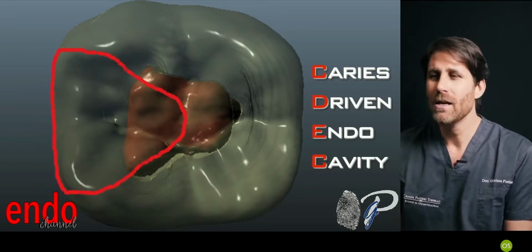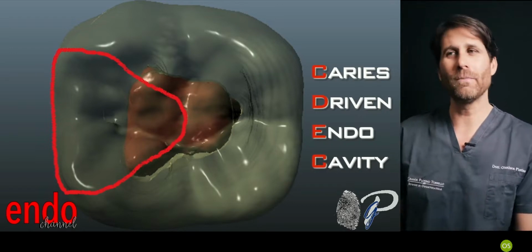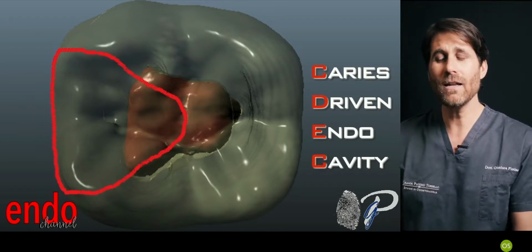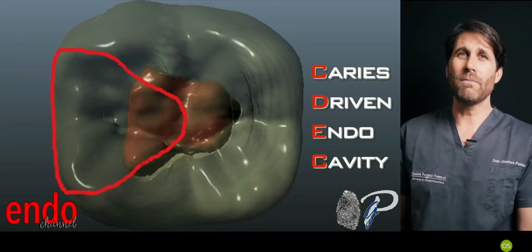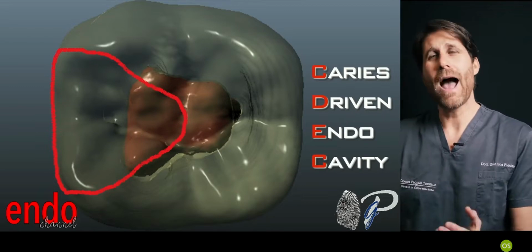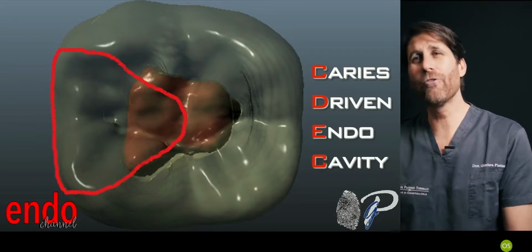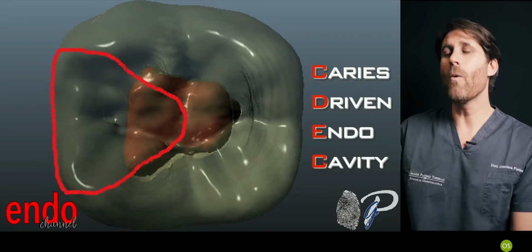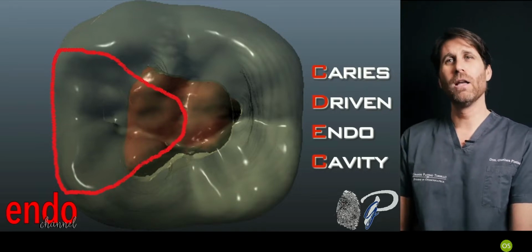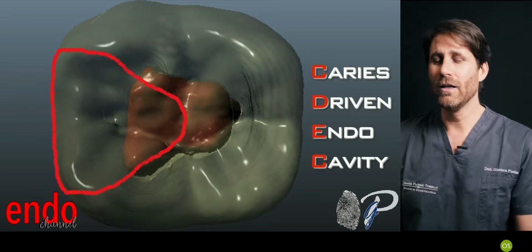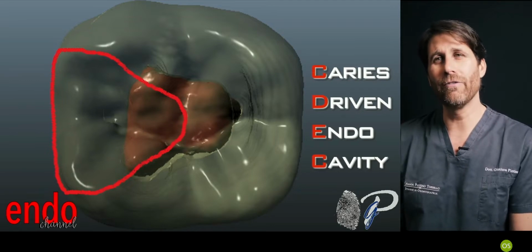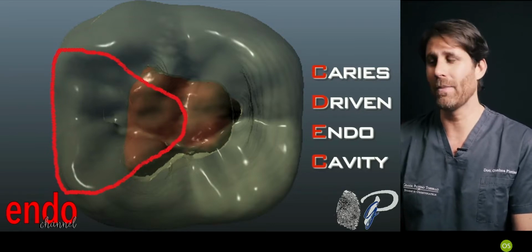What does it mean? We must take advantage of the already lost tooth structure, lost by caries, and perform an access as much as possible through this lost tooth structure while maintaining as much as possible the sound tooth structure, the sound enamel, and the sound dentin.